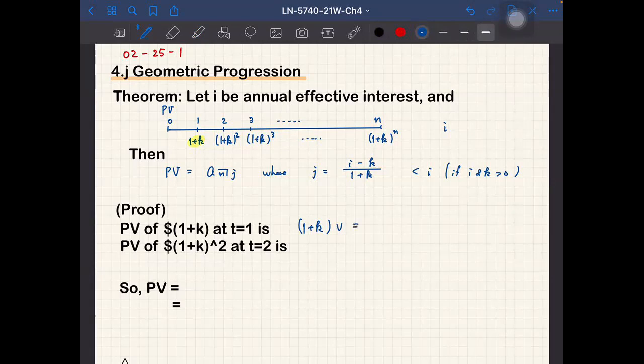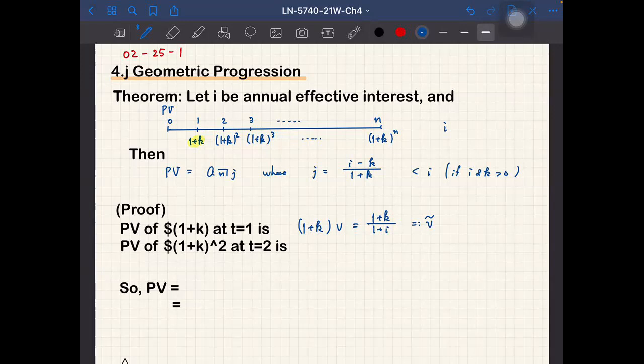So this is 1 plus k over 1 plus i. Let us call this number v tilde, because v is defined as 1 over 1 plus i, but here the 1 is replaced by 1 plus k. So it is a slightly different quantity, and we name this v tilde.